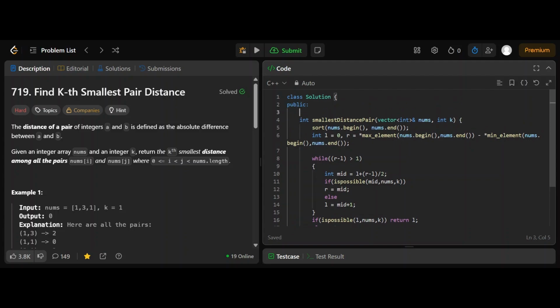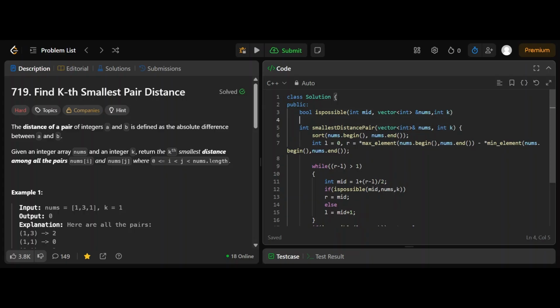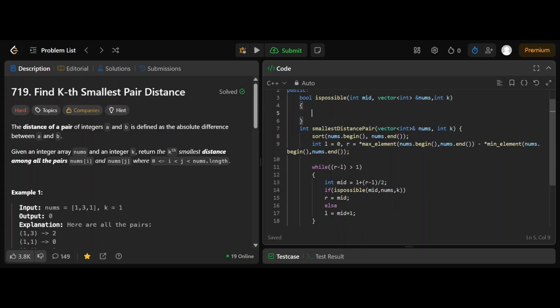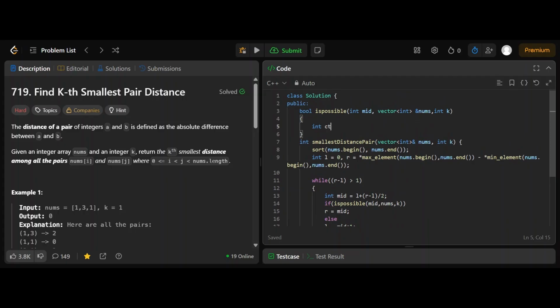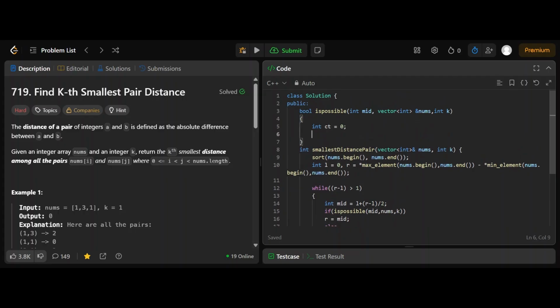Now your core logic lies in the isPossible function. So isPossible has mid, nums and k. Now we'll count the number of pairs, which should be greater than or equal to k, with distance less than or equal to mid.